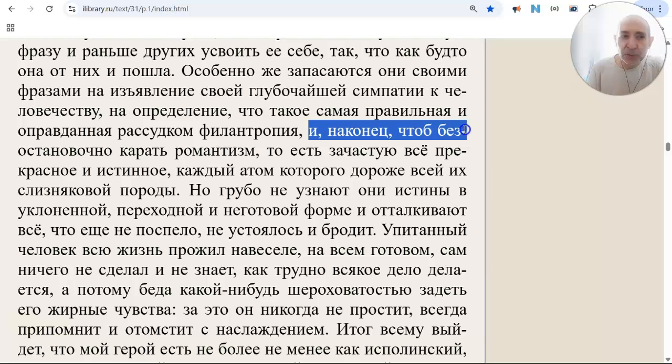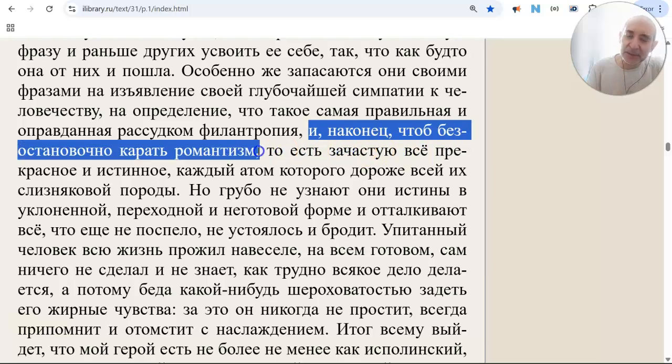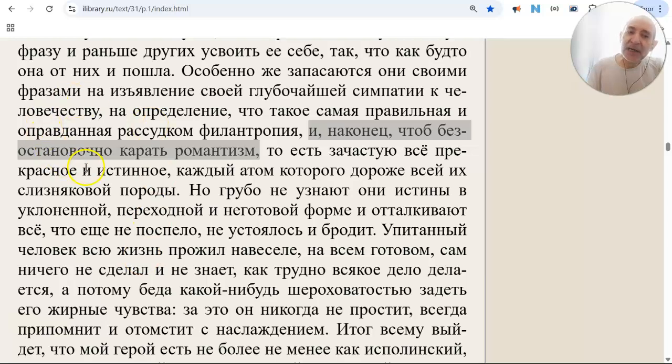И, наконец, чтобы безостановочно карать романтизм. Наконец means finally. Чтобы, in order to. Безостановочно, incessantly. And карать basically means torture, or to punish or to torture. So, and finally, in order to incessantly torture romantism as a philosophy, meaning.